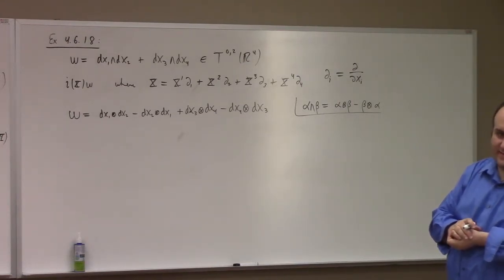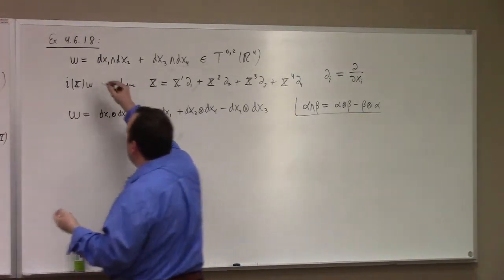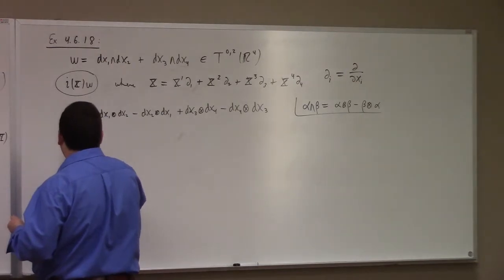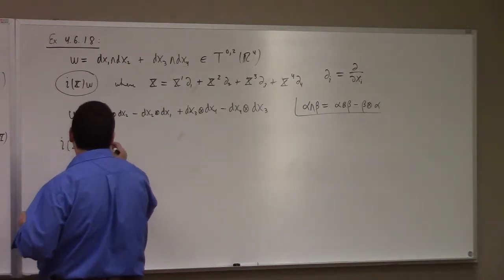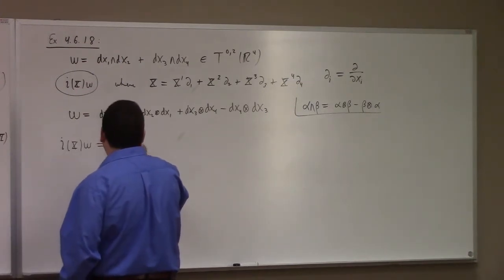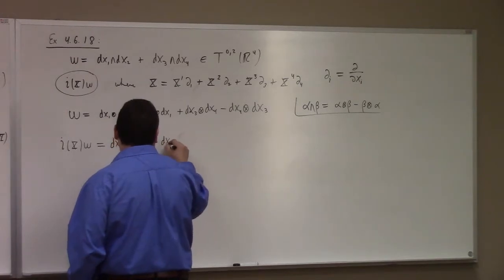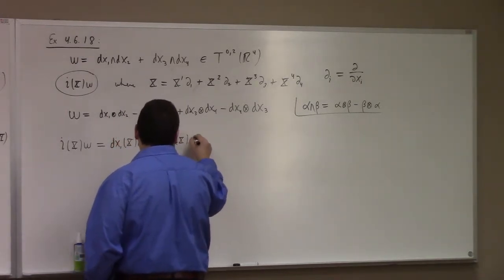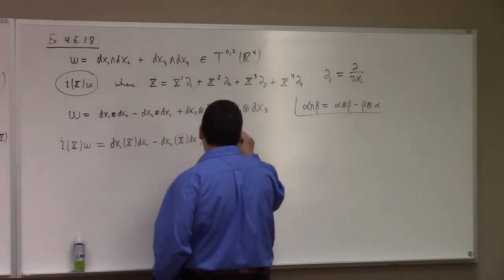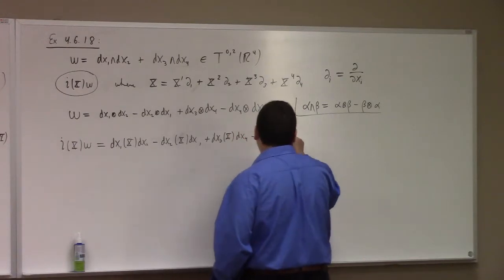That's easiest to do here, because then when you look at the interior product of x with omega, it's easy to see it is going to be equal to what? dx1 of x dx2 minus dx2 of x dx1 plus dx3 of x dx4 minus dx4 of x dx3.